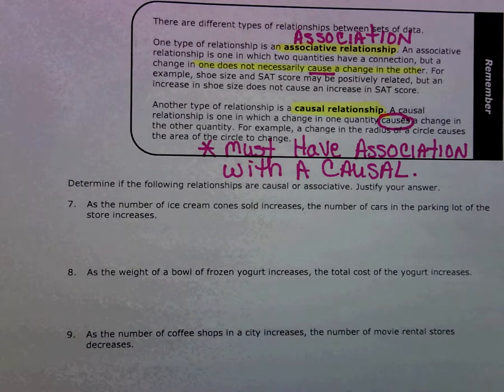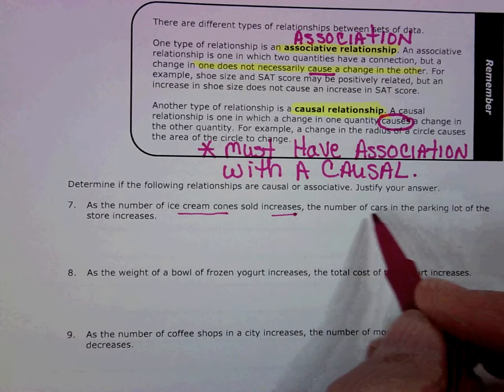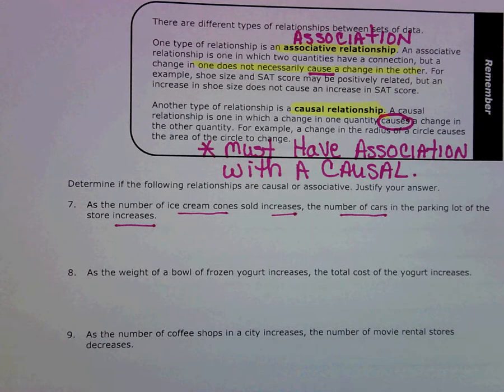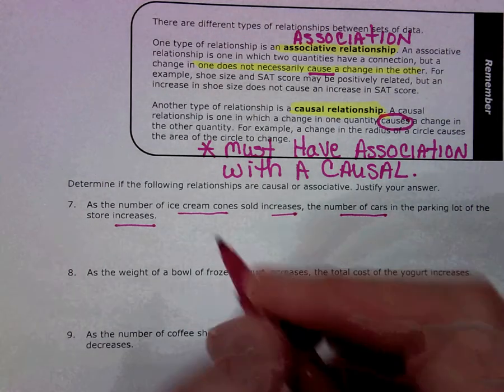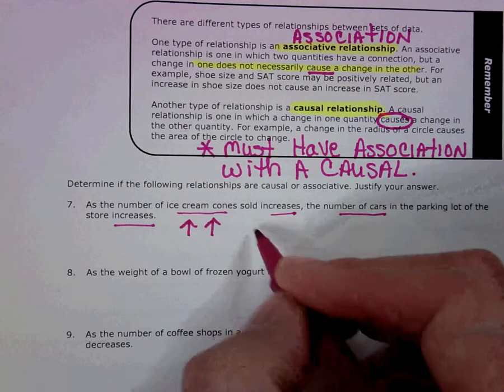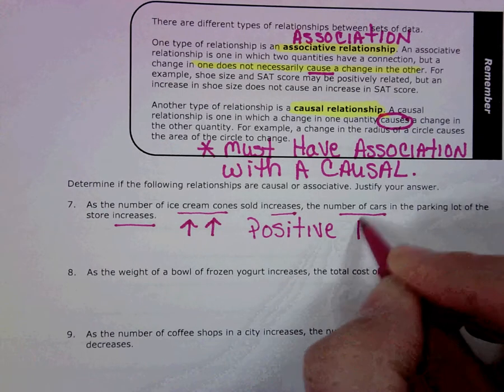It says, as the number of ice cream cones increases, the number of cars in the store increases. So they're telling us there's a relationship. As one thing is increasing, so is the other. So that is definitely a positive association.